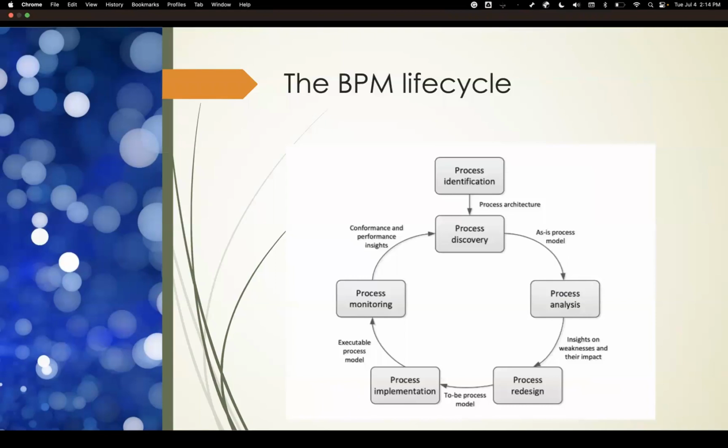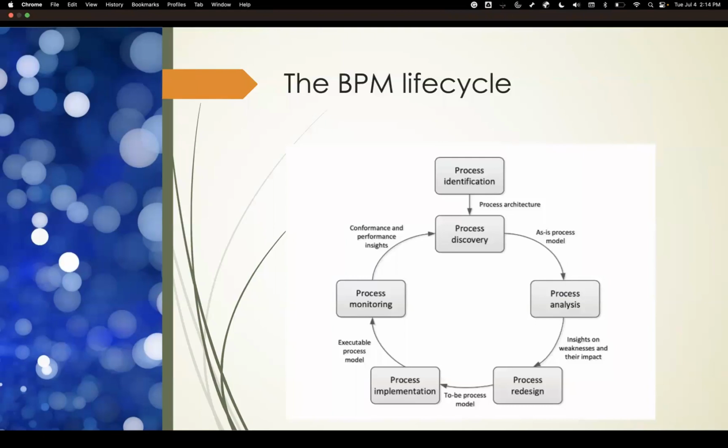Process discovery, also called as-is process modeling. Here, the current state of each of the relevant processes is documented, typically in the form of one or several as-is process models. Process analysis.